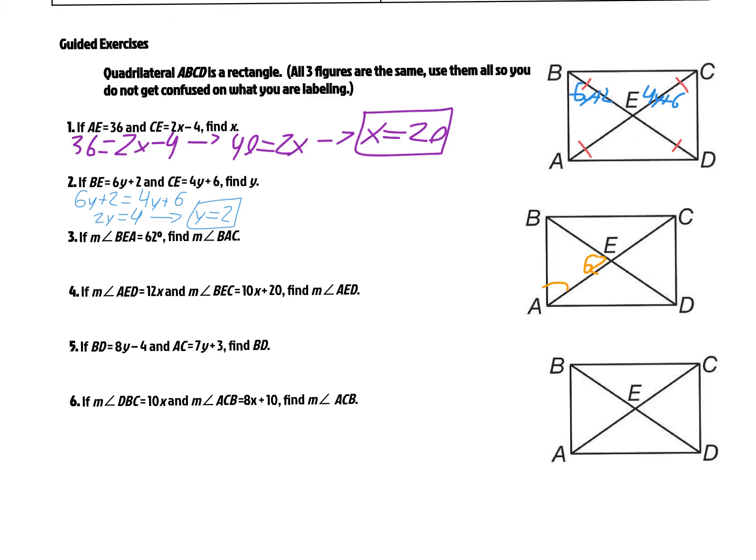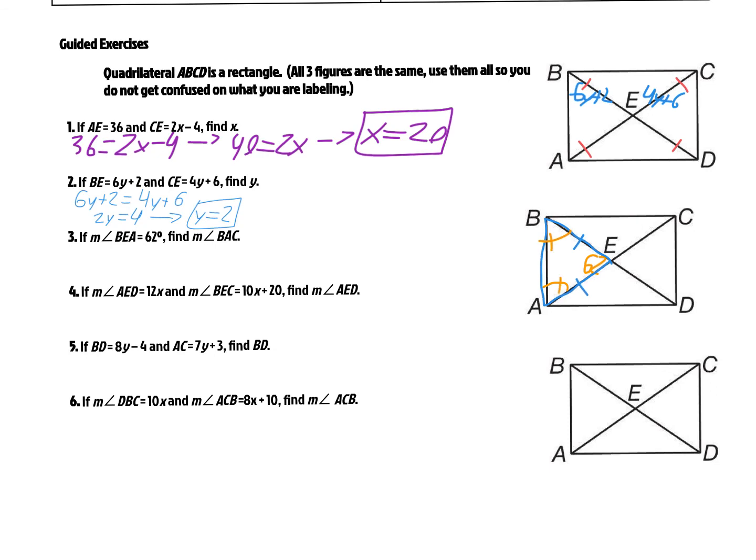So in this case, as before, we have our diagonals that are congruent to each other, and they bisect each other, which means that this side is congruent to that side, making this an isosceles triangle. If that's an isosceles triangle, then our 2 base angles must be congruent to each other.